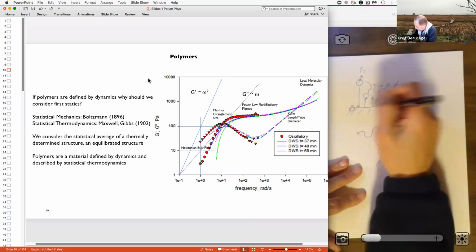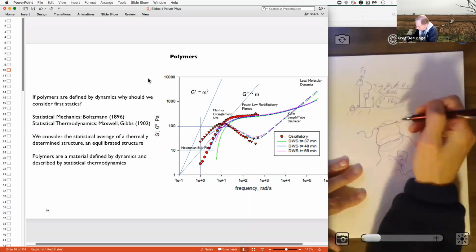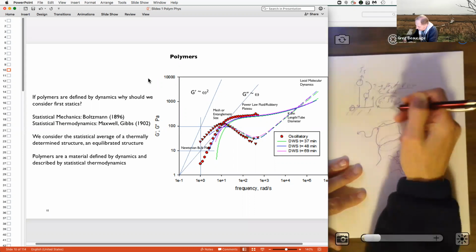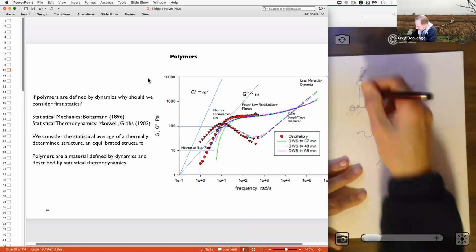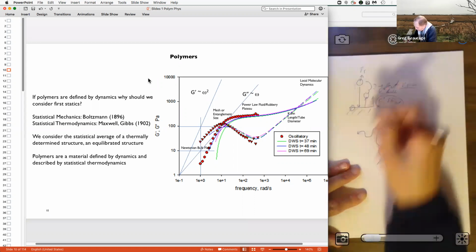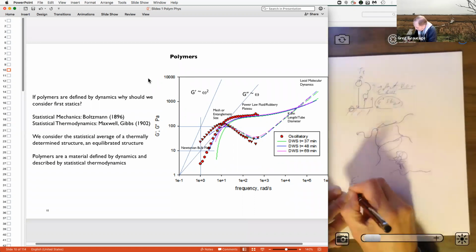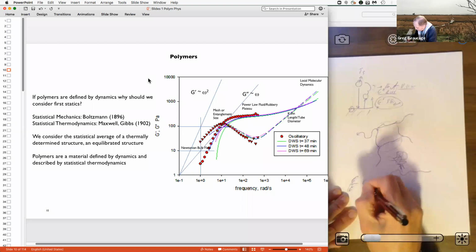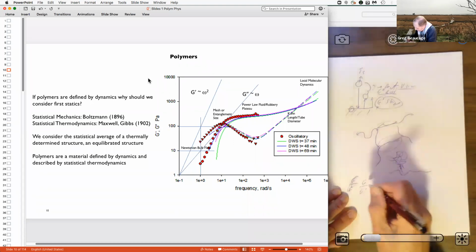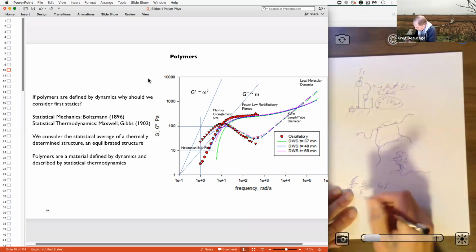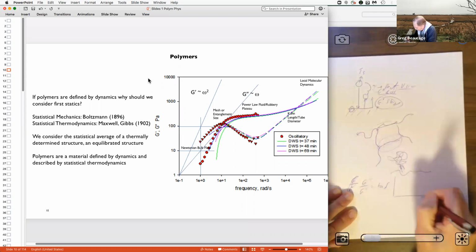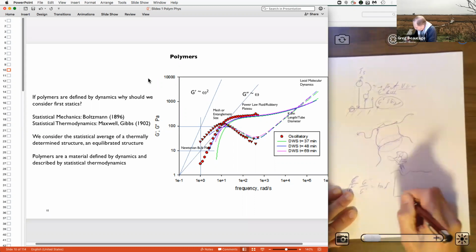It just bounces like a crystal would, like a metal ball would bounce. So to look at the bounciness of this, you take G double prime divided by G prime, and you call that tan delta. If you plot it across temperature, at the Tg you would have a maximum.